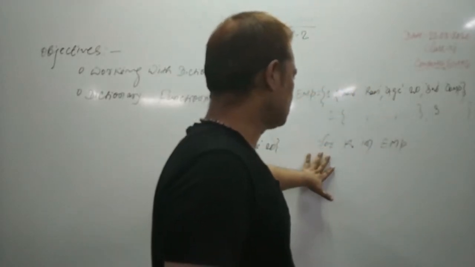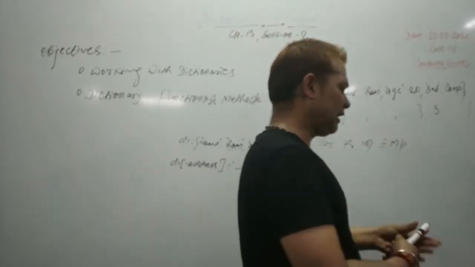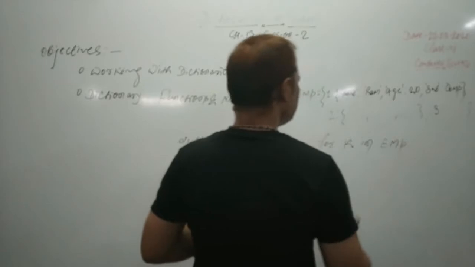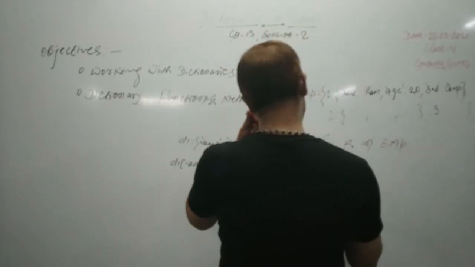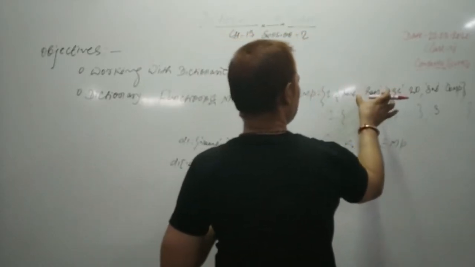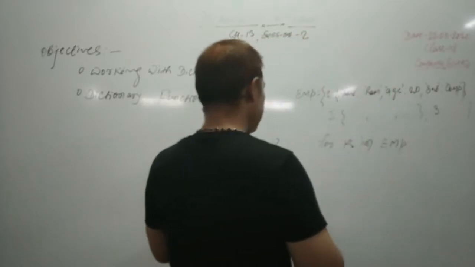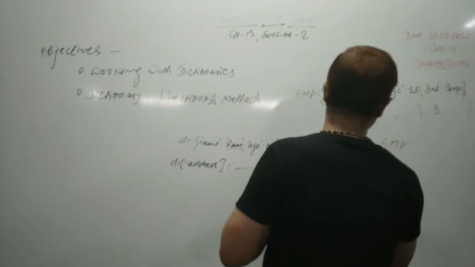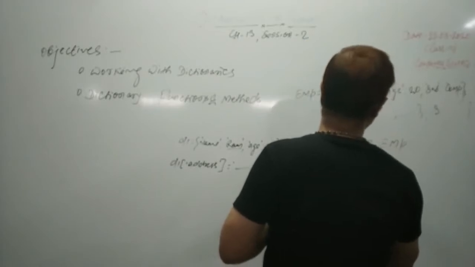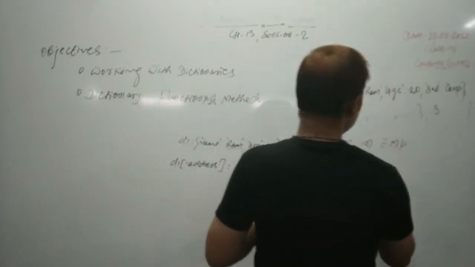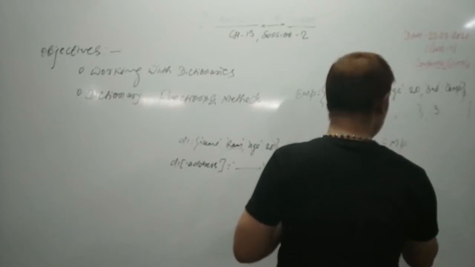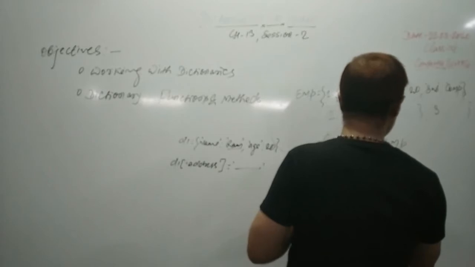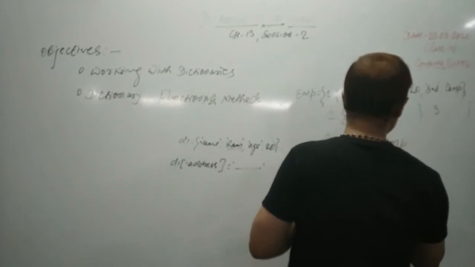So simply you can use the for loop, for k in emp. This is a for loop, as you all know. Now inside the for loop, once I want to refer to an individual element of a nested dictionary, what should I do? You can use the print command, and inside the bracket use the str method to convert things into a string, and inside it use the dictionary name.